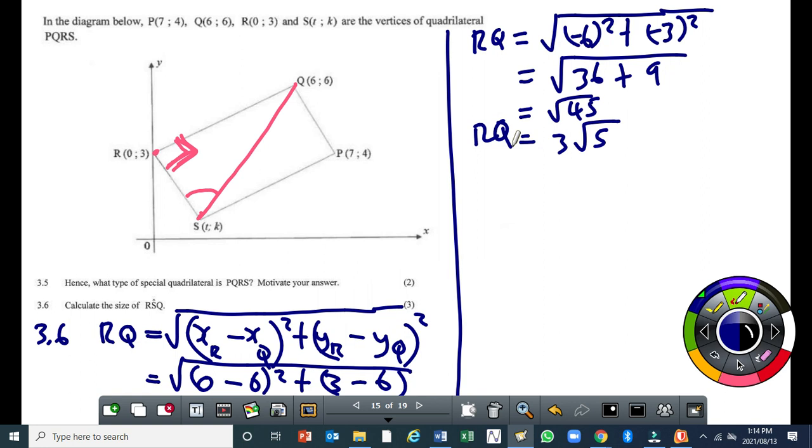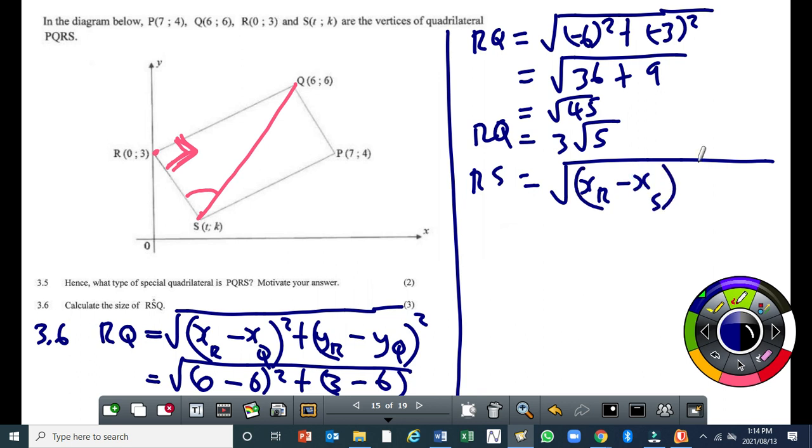Then I need to calculate the length of RS. So RS is the square root of XR minus XS squared plus YR minus YS squared.